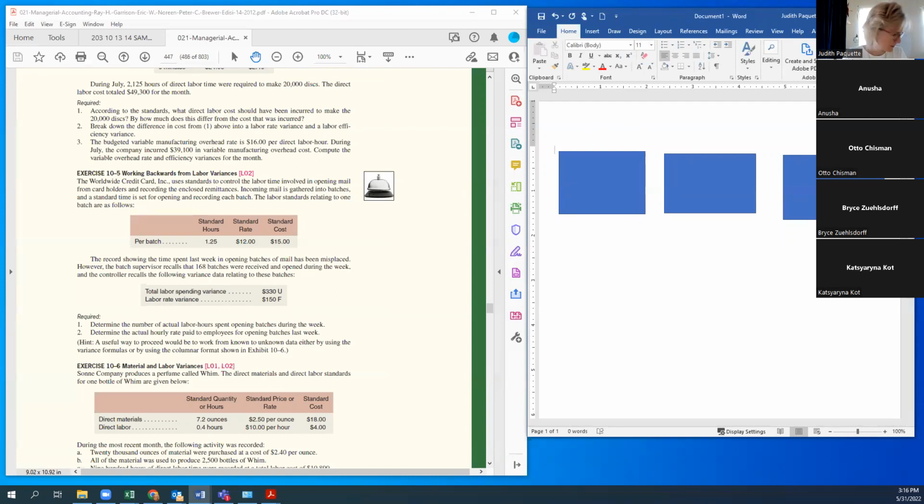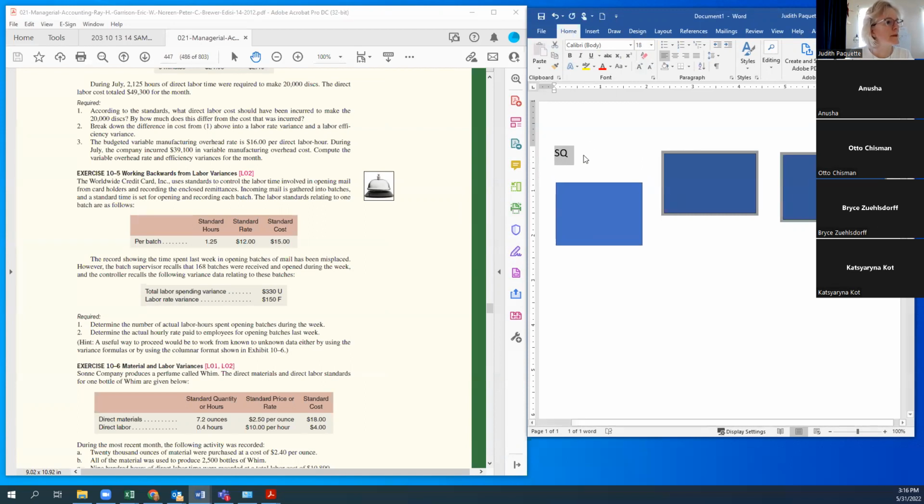What goes over box 1? What's the formula that goes over box 1? It should be standard quantity times standard rate, right?